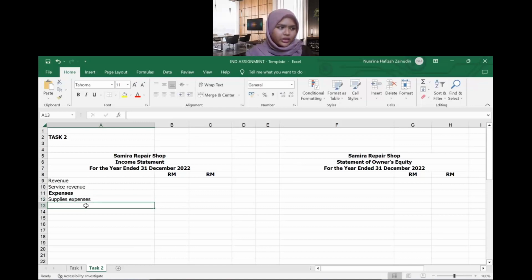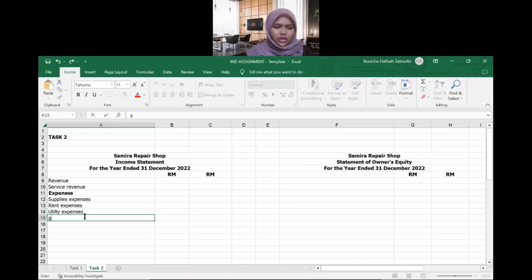Next, we have the rent expenses. Next, we have utility expenses. Next is gas expenses. The last one, we have the wages expenses. This is the total for expenses.